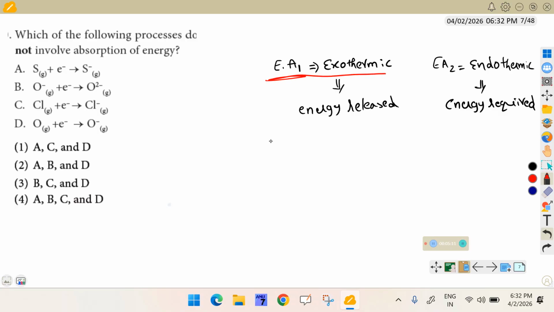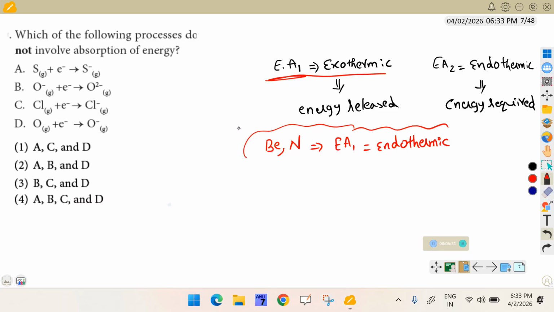In the case of beryllium and nitrogen, EA1 is endothermic because of their stable electronic configuration. You can check it.